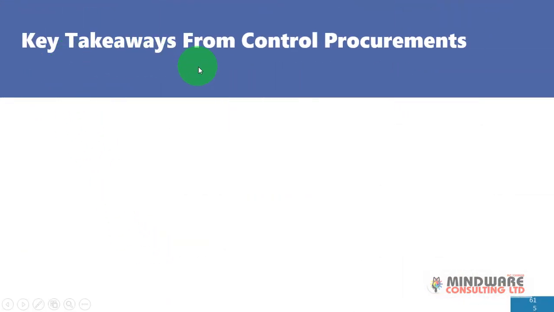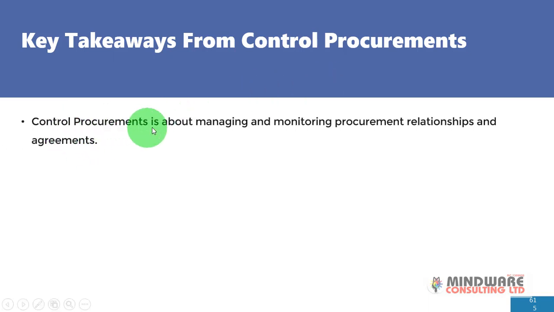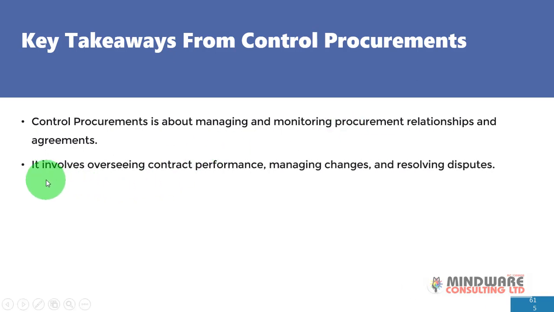Alright, so what are the key takeaways from the control procurement process? Firstly, control procurement is about managing and monitoring procurement relationships and agreements. So you have to ensure that that is moving and running smoothly. It involves overseeing contract performance, managing changes, and resolving disputes.